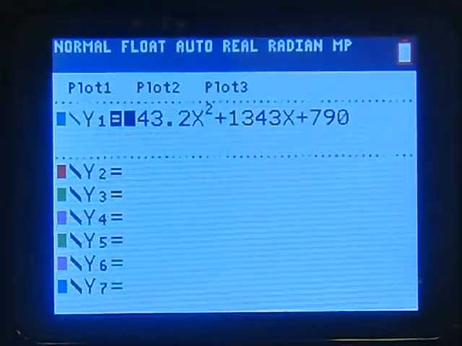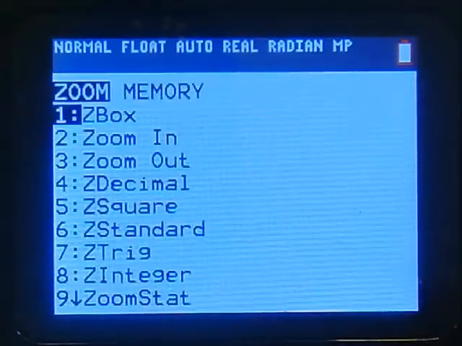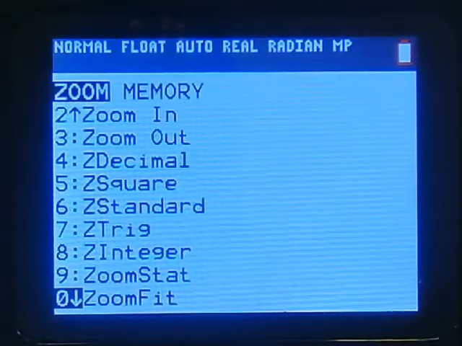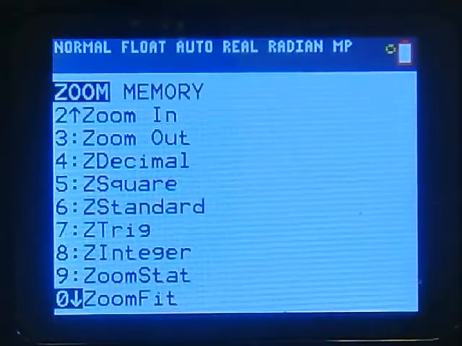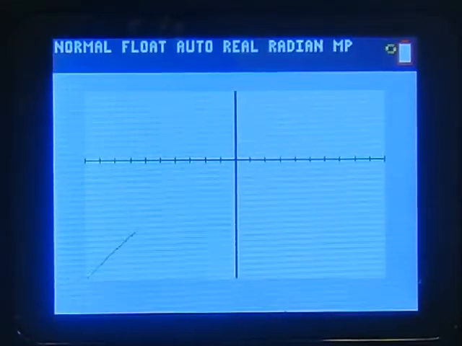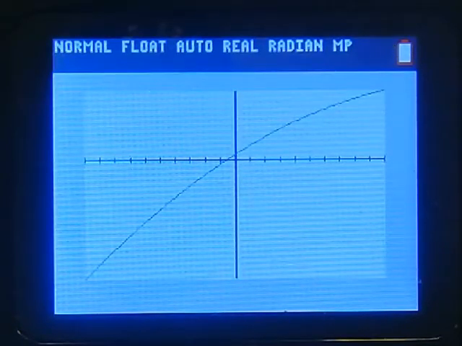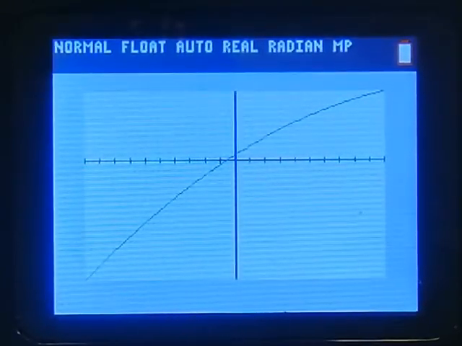So instead of hitting zoom standard, I'm going to hit zoom fit and see what happens. Maybe it'll get me closer to what I want. Zoom fit, hit enter. And now I see kind of the workings of a parabola. It doesn't look anything like a vertical line. That's because we were so close in that it looked like a vertical line.